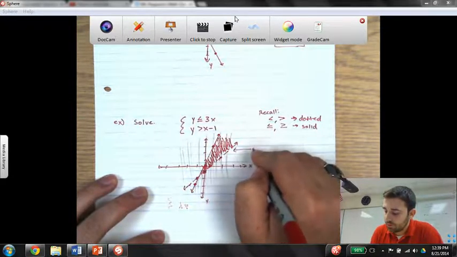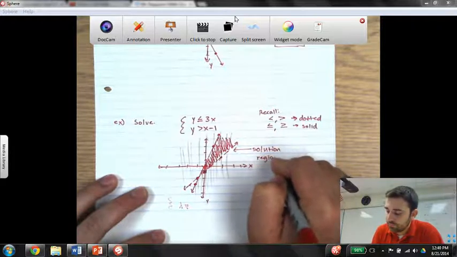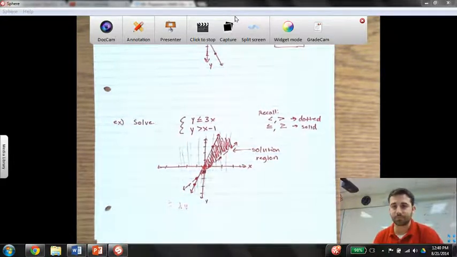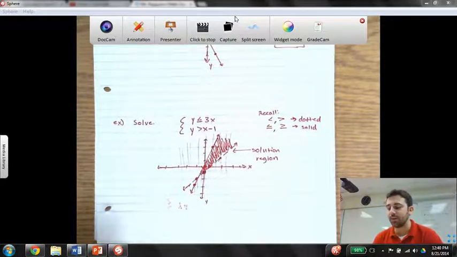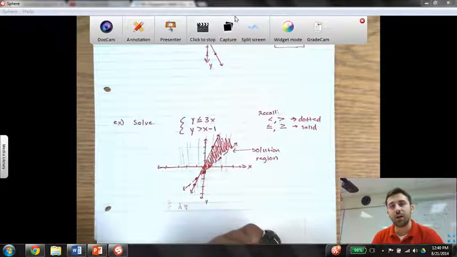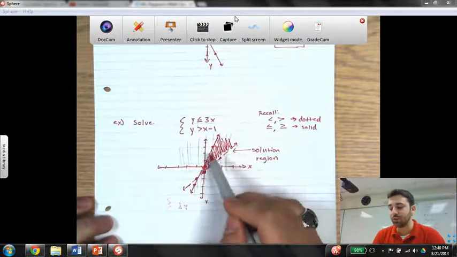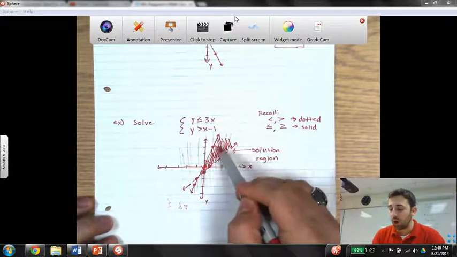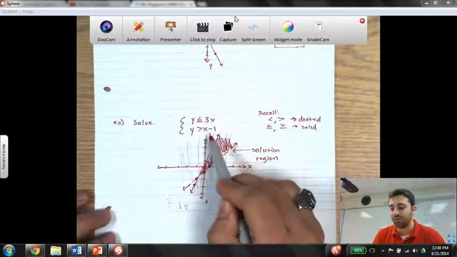That's called our solution region. And so it's important when we're solving systems of equations and inequalities by graphing that we remember that for linear equations, the solution is where the lines intersect, and for inequalities we have a solution region. So all the points within this section could fit these two inequalities.